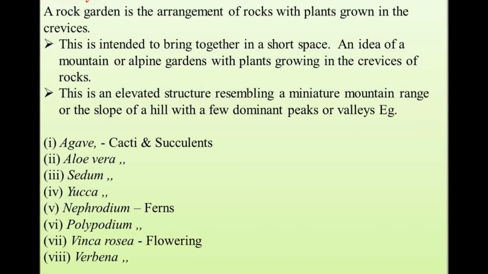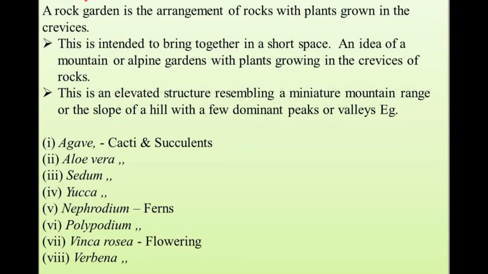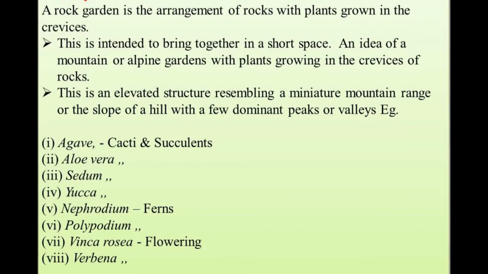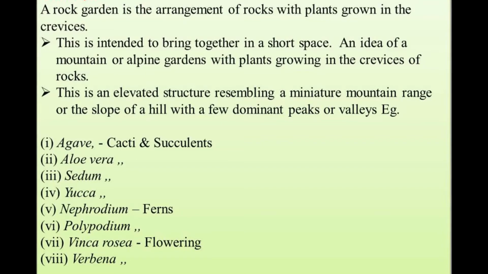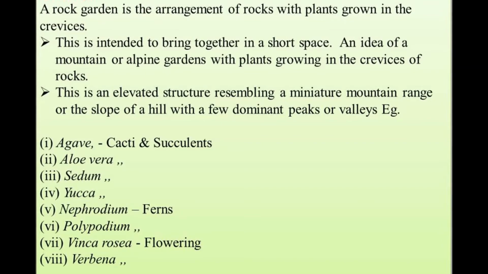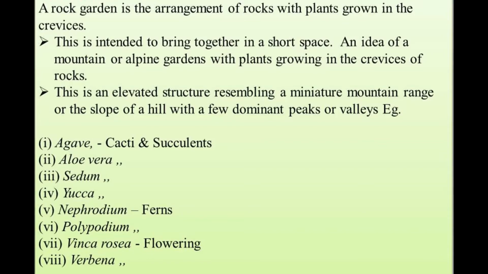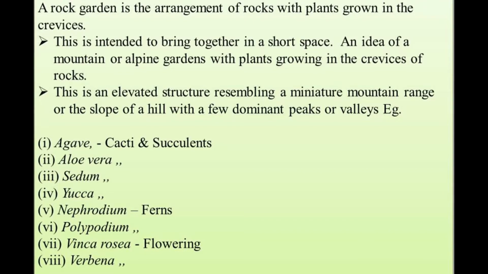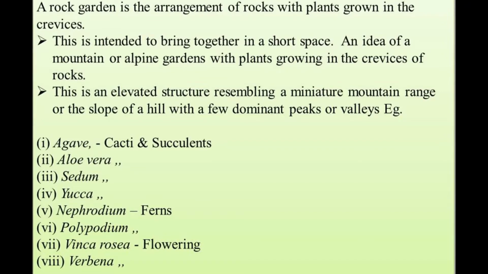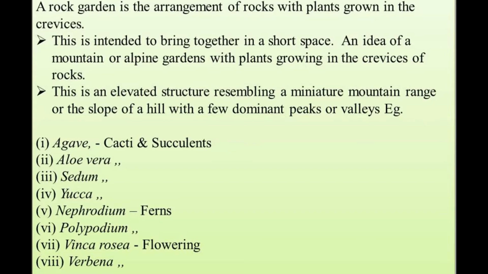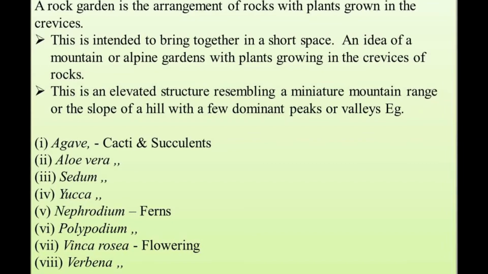In these structures, the plants grow in the crevices of rocks. This is an elevated structure resembling a miniature mountain or the slopes of a hilly area, with a few dominant peaks or valleys. These structures represent a miniature mountain or valley in the garden along with ornamental plants.